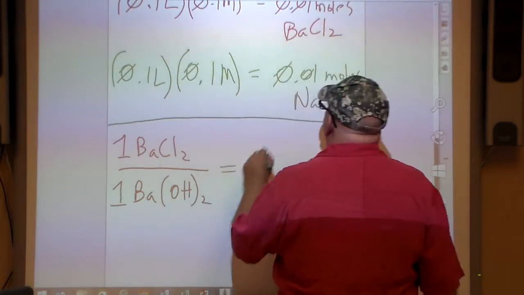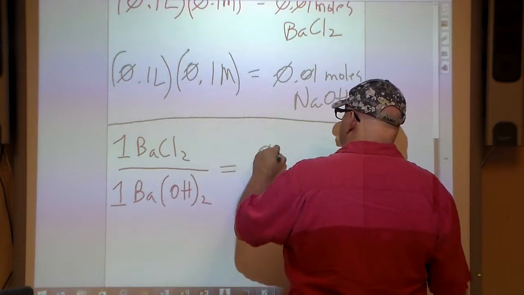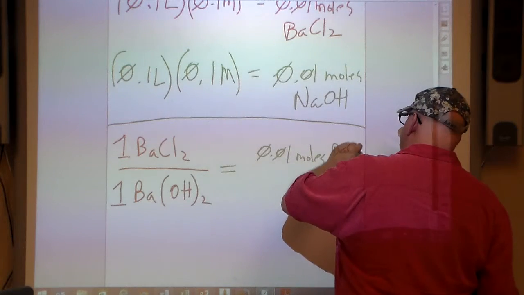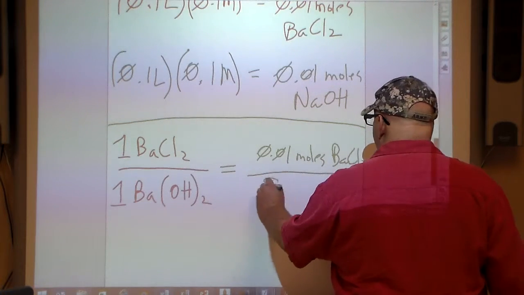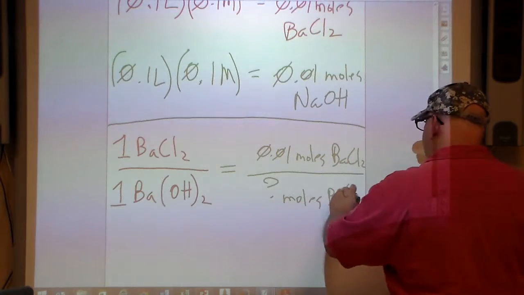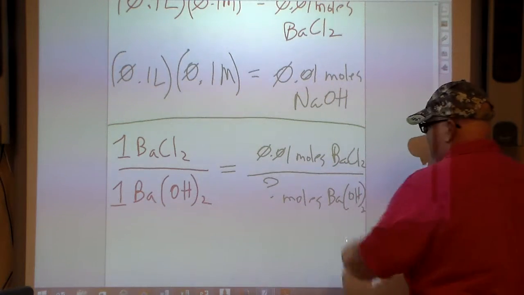So if I have 0.01 moles of BaCl2, how many moles of Ba(OH)2 are we going to get?